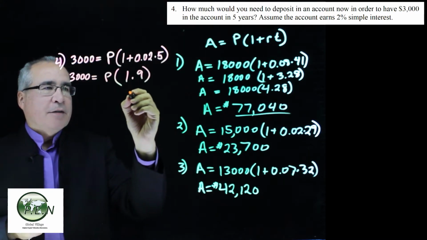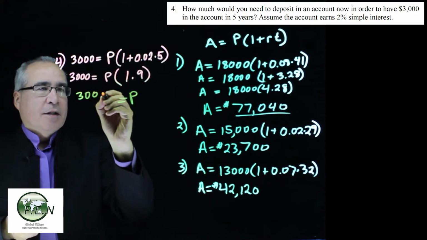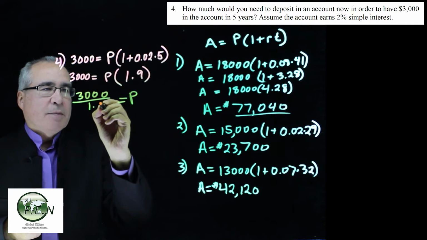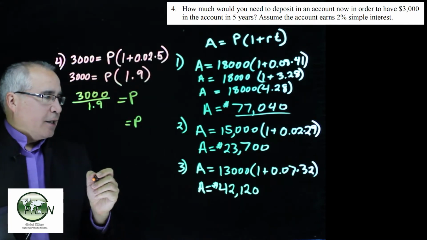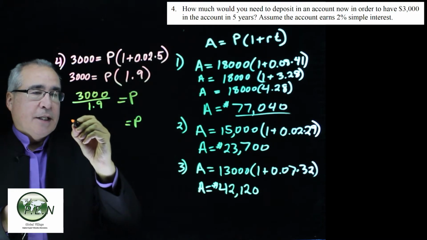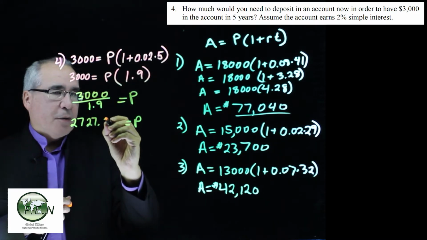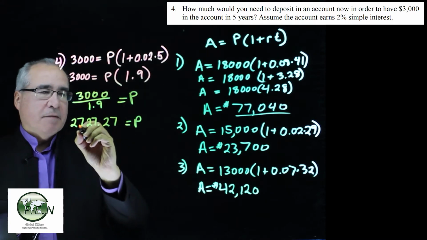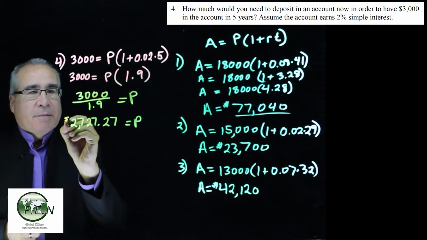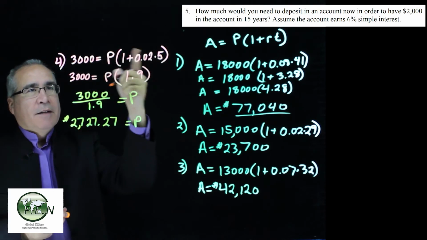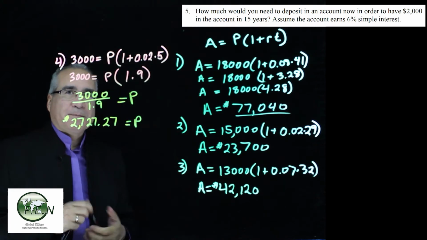So we get our final answer that our principal is going to be 3,000 divided by 1.9. So when you do that, you get that we will need $2,727.27. Interesting pattern, 27, 27, 27. So we need to deposit that much money, and in 5 years it'll become 3,000. The interest at simple interest.